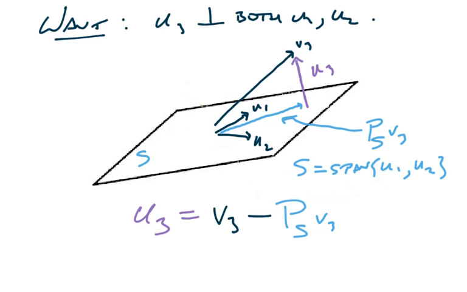So it's going to be v3 minus its shadow. This means that if we want to calculate u3, all we need to know how to calculate is this projection onto a plane. So this is the thing that I want to do next. How do we actually calculate this projection onto a plane?